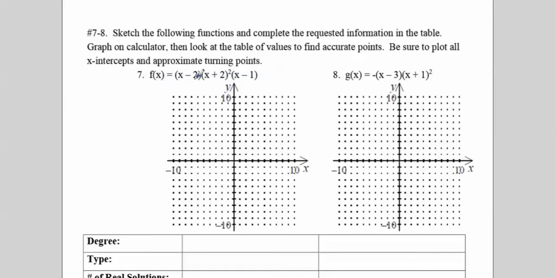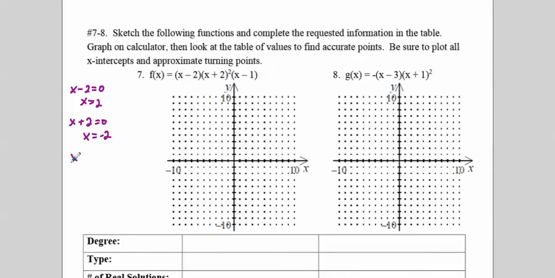You can see you have factors x minus 2, x plus 2, and x minus 1. So those are going to tell you your x-intercepts. So if I set x minus 2 equal to 0, that would give me an x-intercept of 2. And if I set x plus 2 equal to 0, that would give me an x-intercept of negative 2.